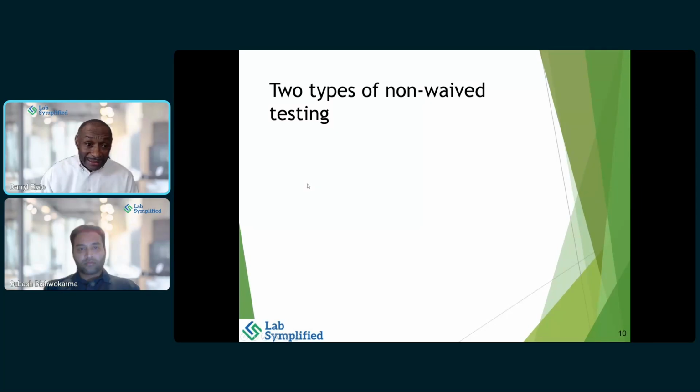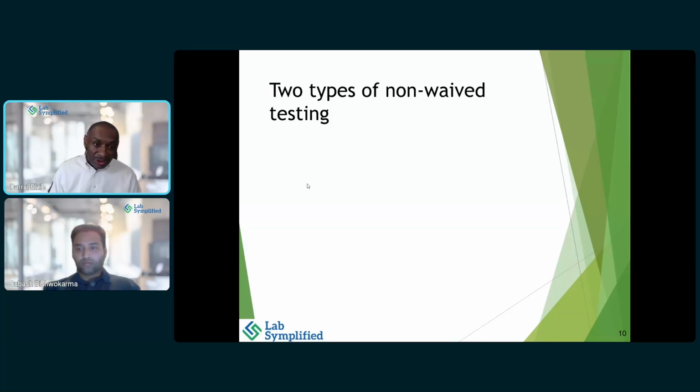So what are we talking about? 2 types of non-waived testing. We know there are also 2 types of testing: waived and non-waived. What is waived testing? Waived testing is usually a home-based test that you can do at home, like a pregnancy test, a little strep test, or a COVID test now. The FDA has criteria where they look at the complexity of the test to determine whether it is waived or non-waived.